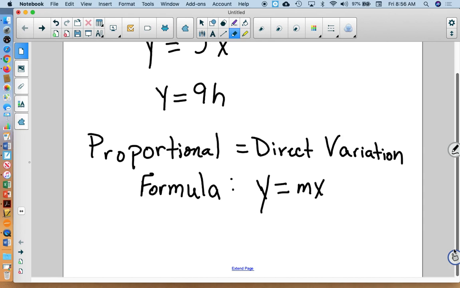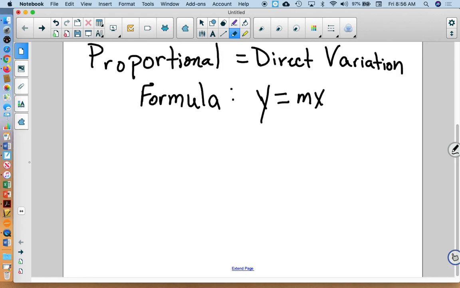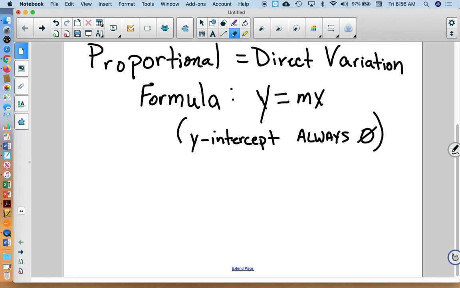My brain was. Okay, direct variation, the formula will always be y equals mx, because you know the y-intercept is always 0. And you might just want to make that note for yourself. Y-intercept always 0, always 0 in a direct variation or a proportional graph when x and y are proportional.